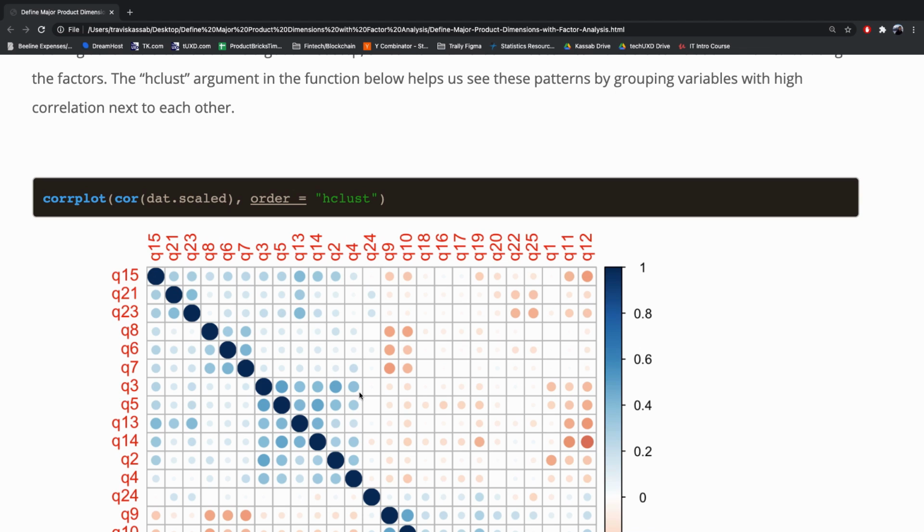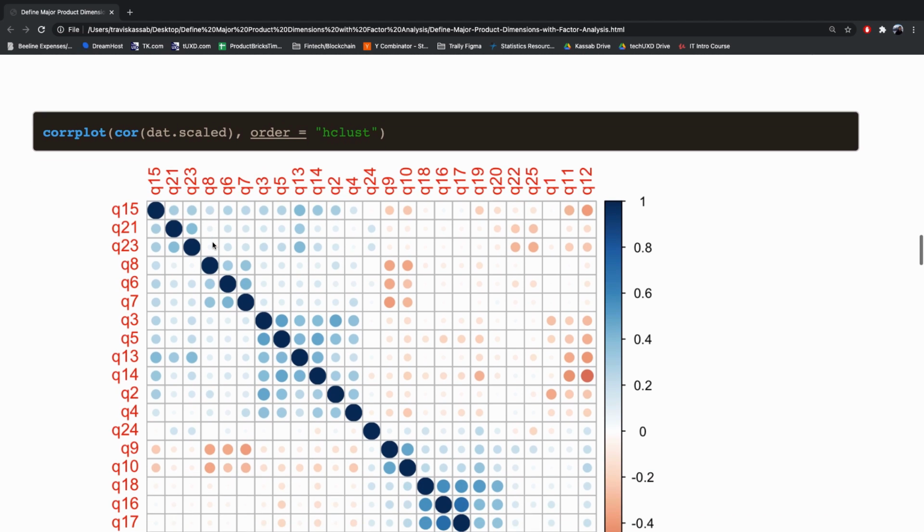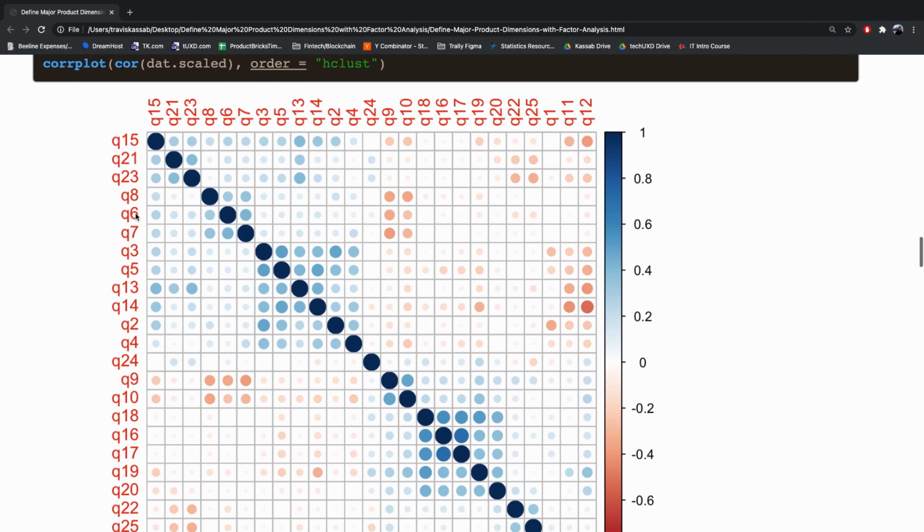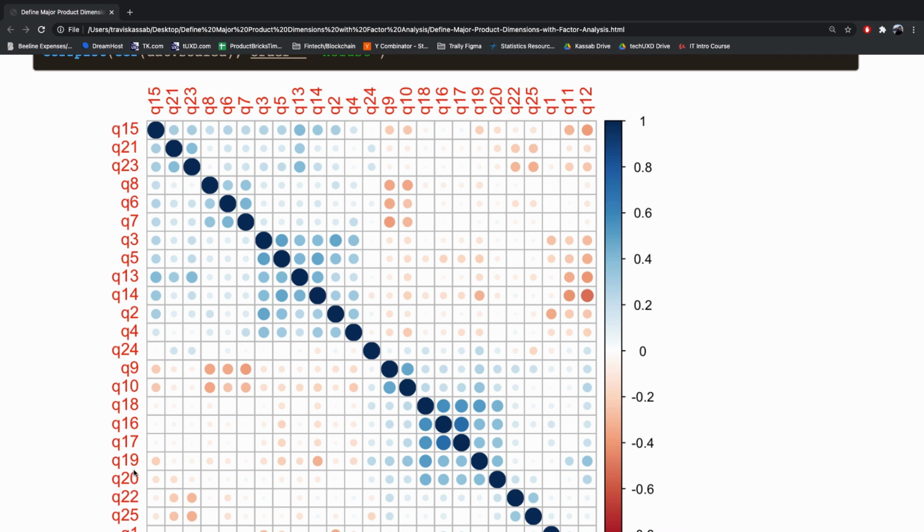Now, as I said, exploratory factor analysis is looking for patterns in the correlation between variables. So a good first step before you run an EFA is to look at the correlation between variables. And what better way to do this than a correlation plot? It plots a matrix with all the variables on the y-axis, and then all the same variables on the x-axis.